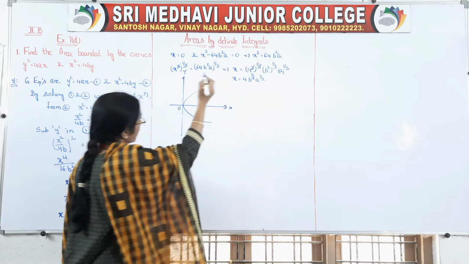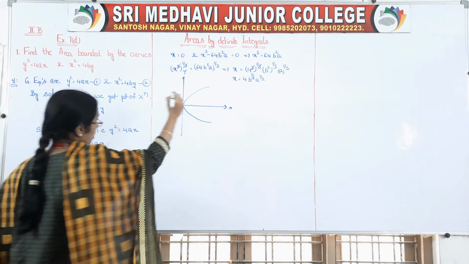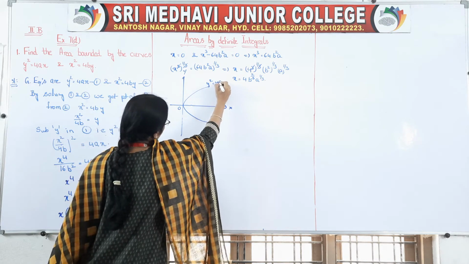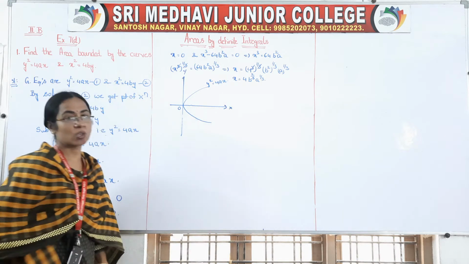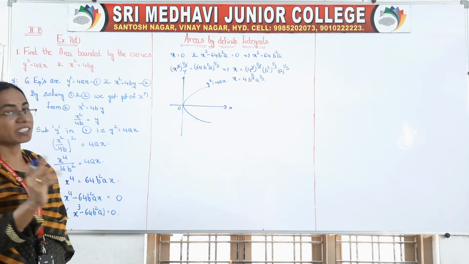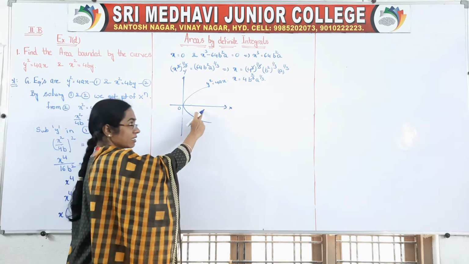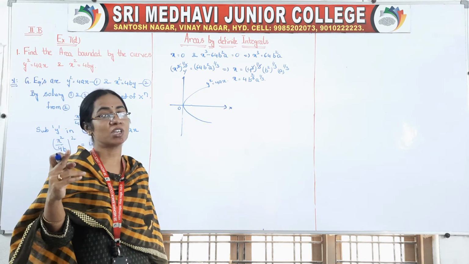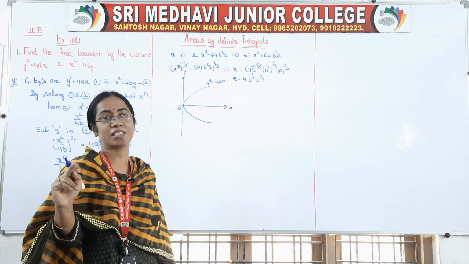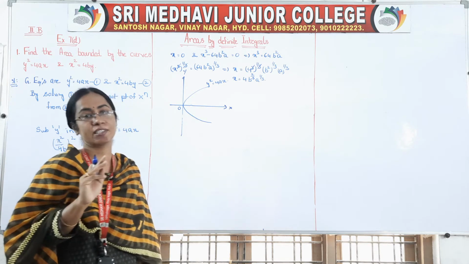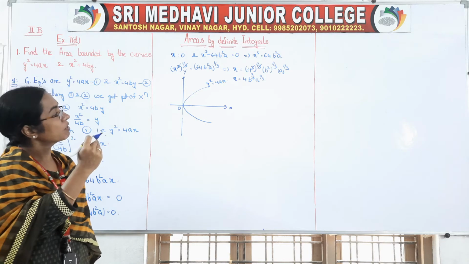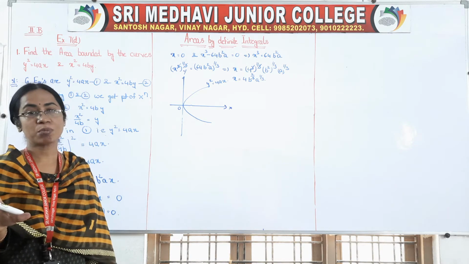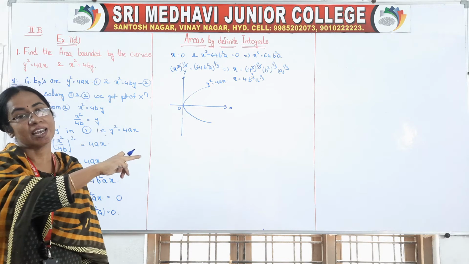So, and it is always, you know it very well, this is y square is equal to 4ax. Okay, so y square is equal to 4ax is a parabola whose axis is x-axis. Already we discussed all the types of parabolas in our chapter parabola, isn't it? In detail we discussed about it. So whenever we are having y square is equal to 4ax, we will say that it is a parabola equation and its curve will be like this.